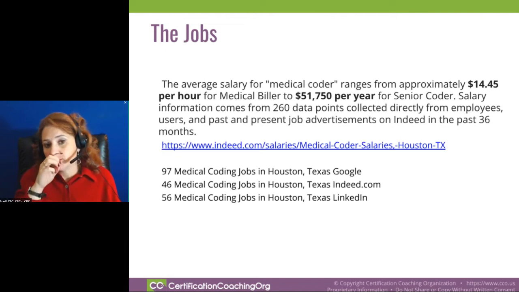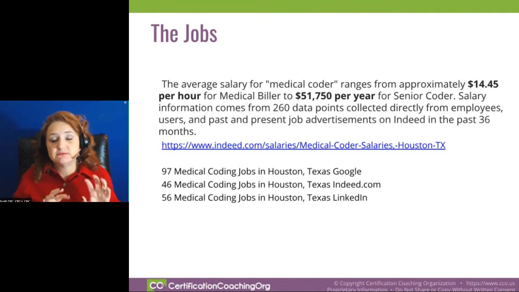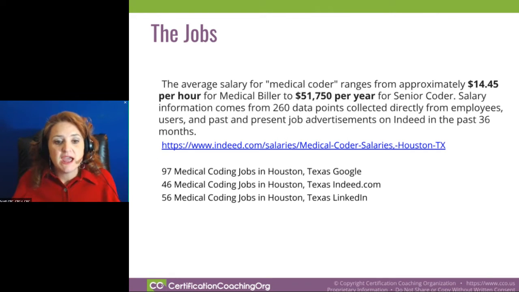So I just searched how many jobs for medical coders in Houston. That's all I typed: jobs for medical coders in Houston. And Google itself came up with a list of 97 jobs within the last month that were listed under medical coder.